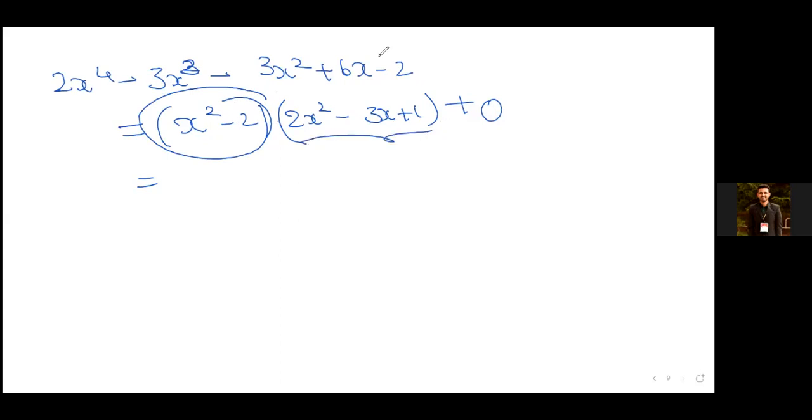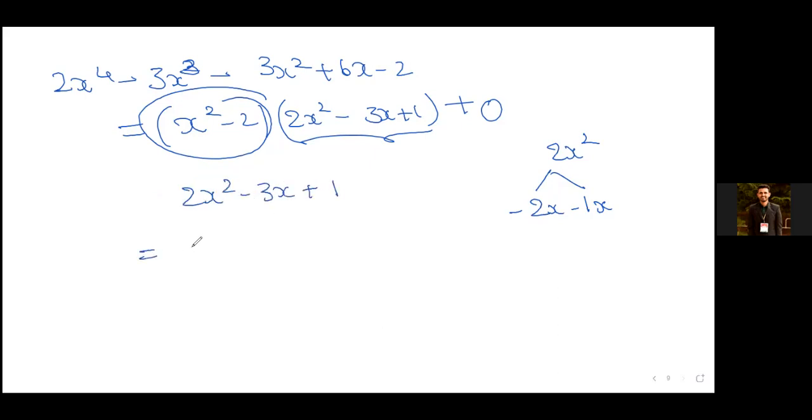Just use the factorization. Just factorize this: 2x square minus 3x plus 1.